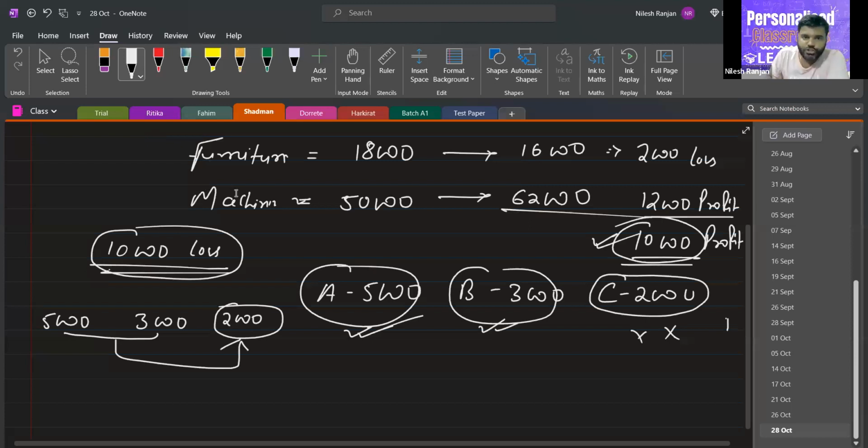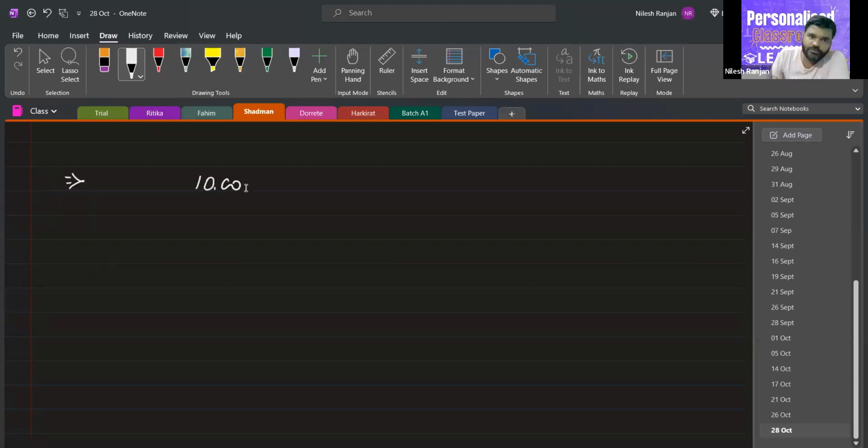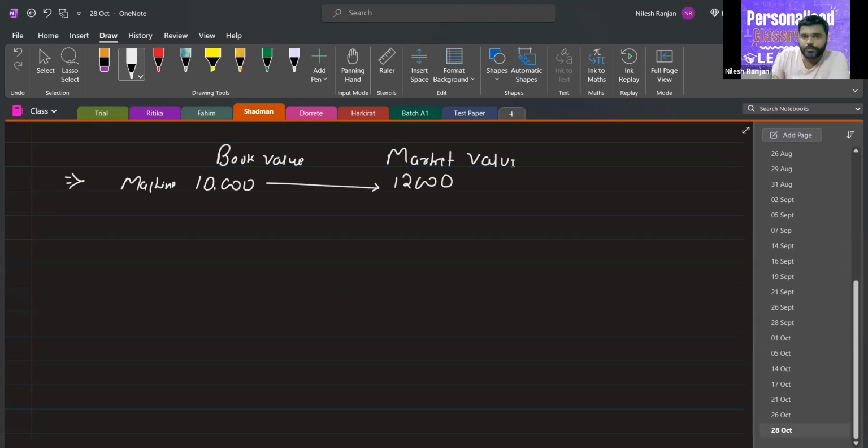Now there are 2 situations. I'm giving you an example for every situation. Like the machine value was 10,000 and now it becomes 12,000. So the book value was 10,000, but the current market value is 12,000.